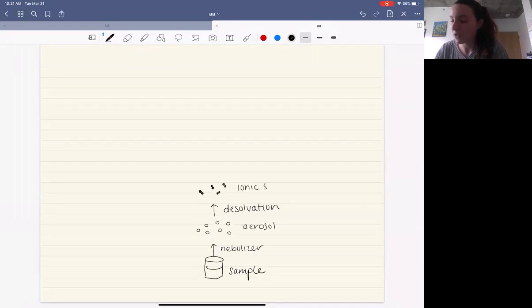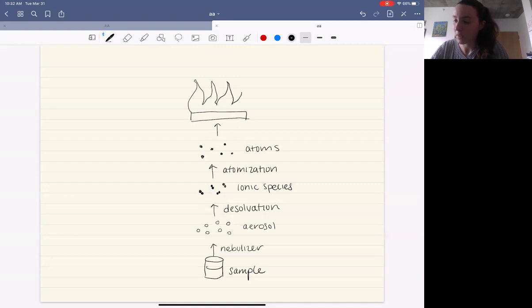But soon after that, in the intense heat of the flame, we get atomization, where those ionic species are broken up and you're just left with neutral atoms. My artistic talent of drawing a flame. Okay, so all of this is happening inside the flame.